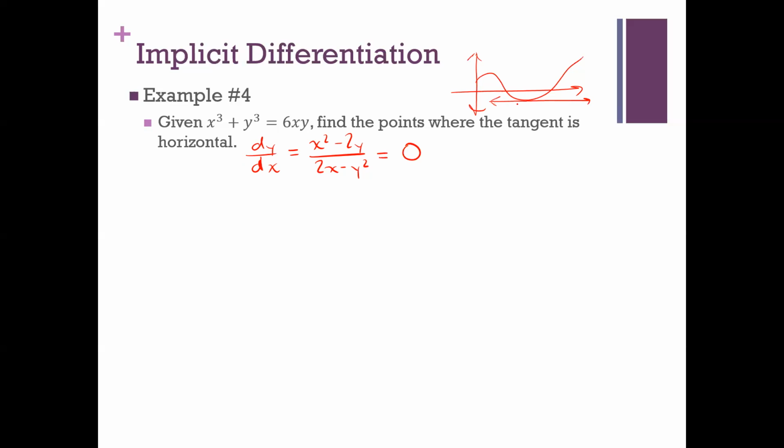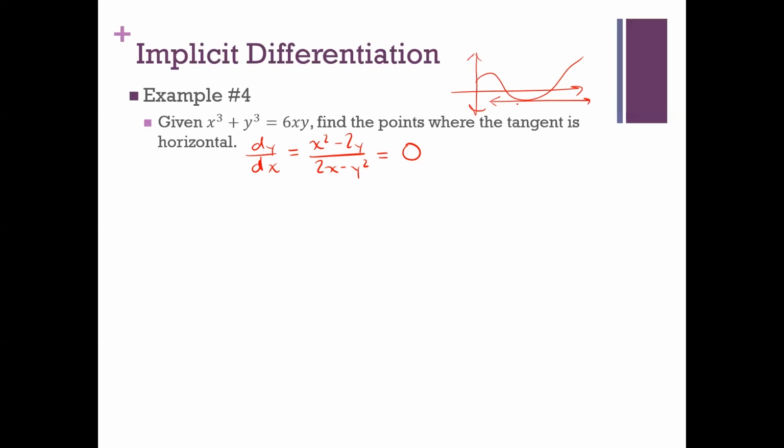So horizontal slope, if you see a horizontal line, are we okay with that, or do we need to go into more detail about that? But yeah, the points where the tangent is horizontal, that's going to be where dy dx or f prime, y prime, the derivative is going to be equal to 0.